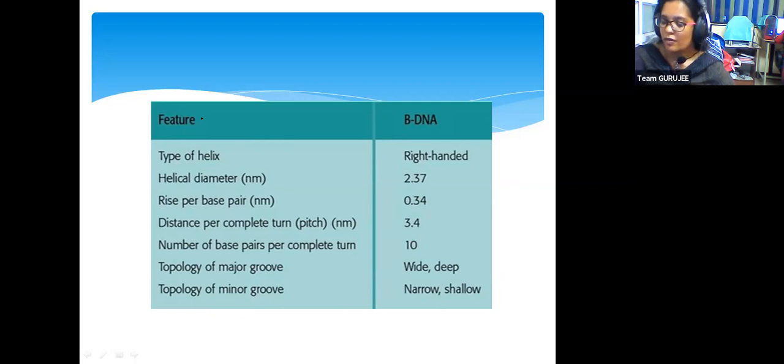Okay, so for each base pair, a base pair is adenine, guanine, like this.